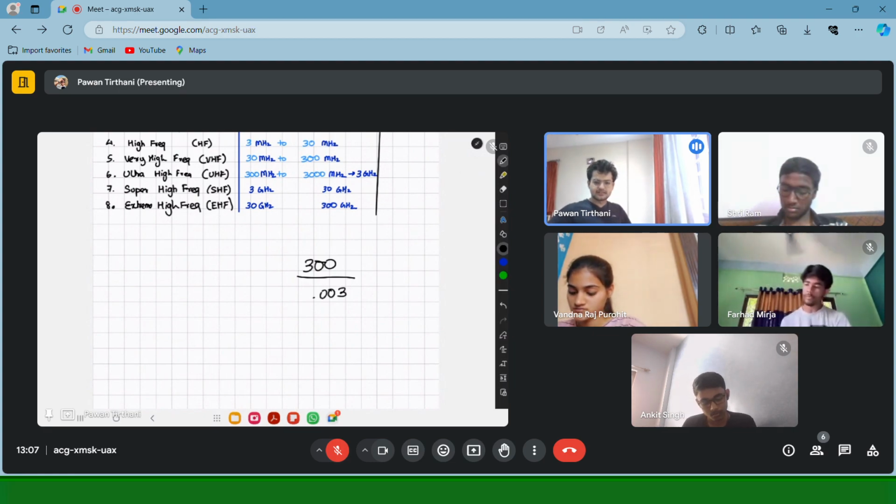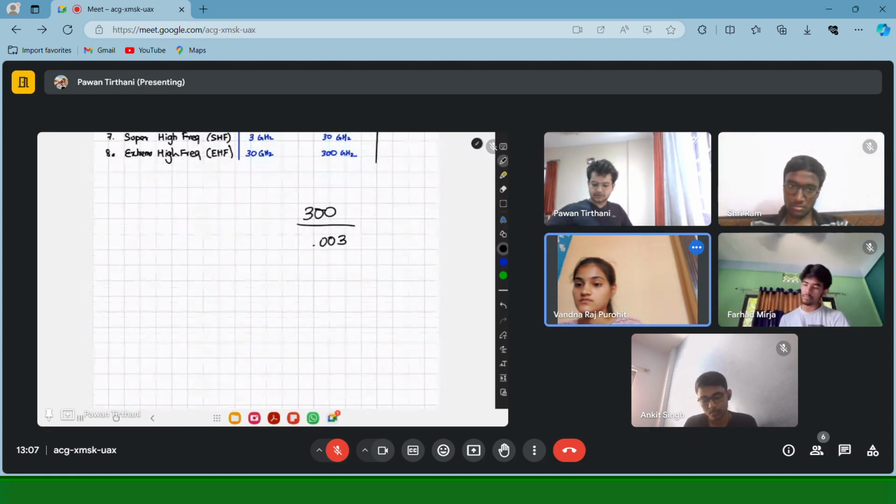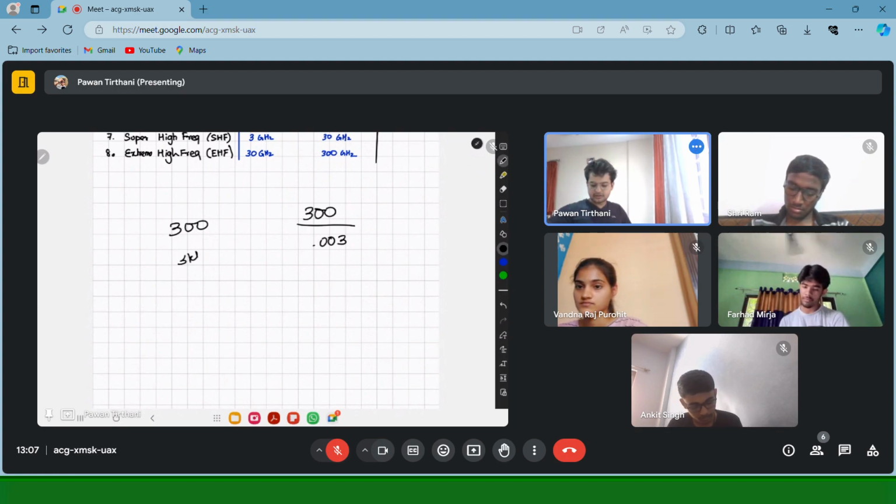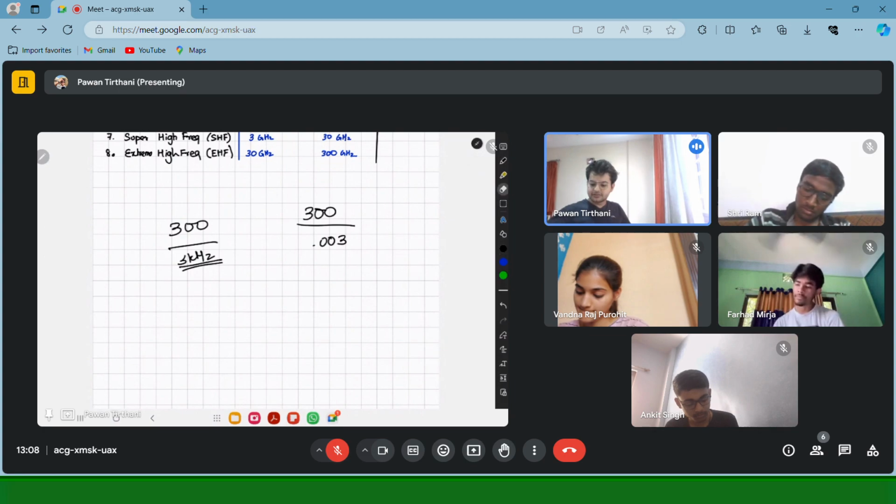300 divided by 3 kilohertz. But Vandana told me that we cannot put 3 kilohertz. Sir, why? Because in the formula we have megahertz. So I have to convert this into megahertz. How can I convert this into megahertz?